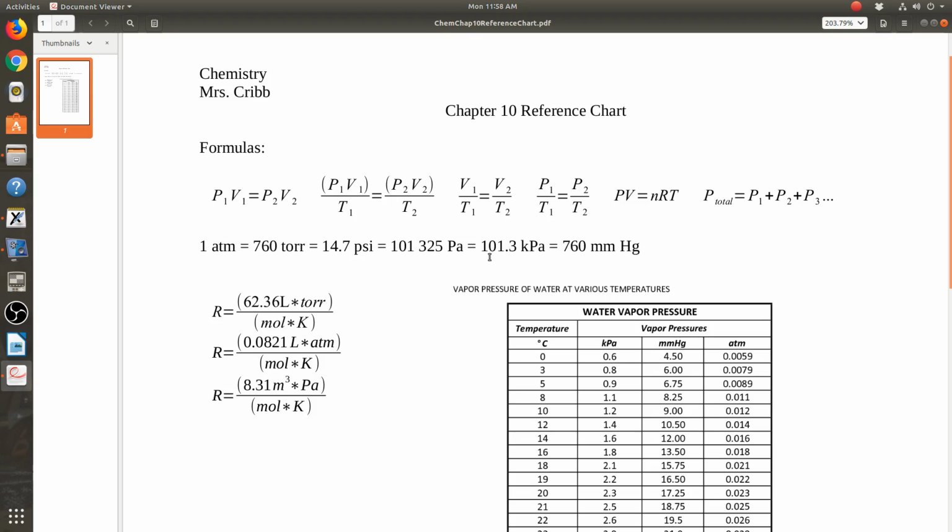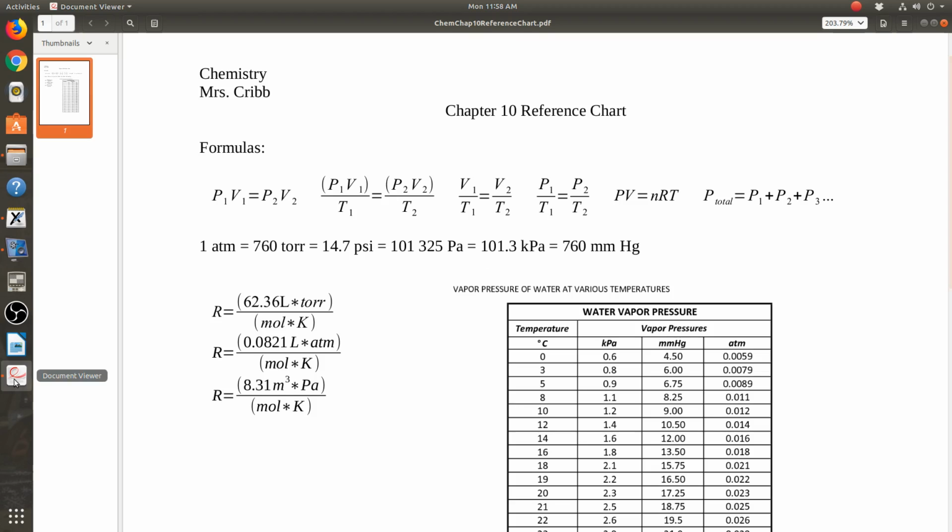Really, the only difference between these two numbers is this is 101,325. There's no comma there because in Europe the comma is a decimal place, so there's just a space to space out the different places. So it's 101,325, not 101.325. It wouldn't make sense that 101.325 also equals 101.3 kilopascals.